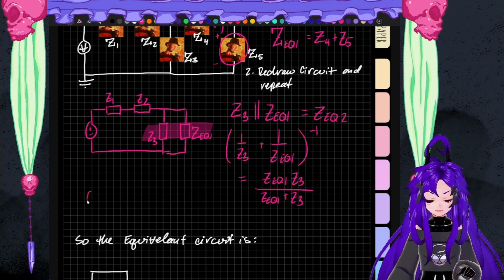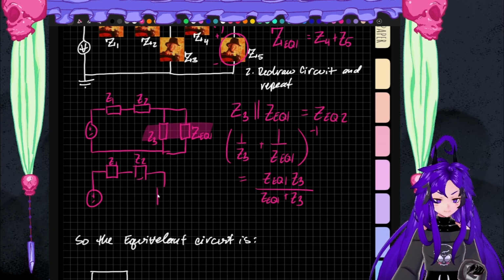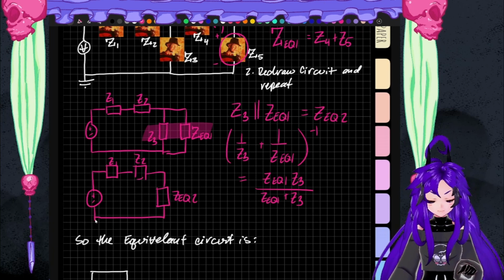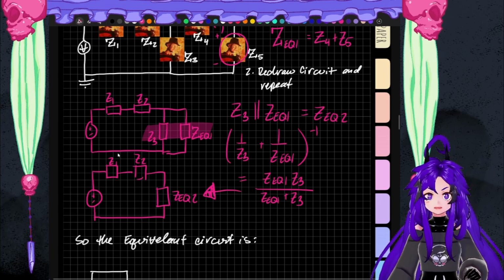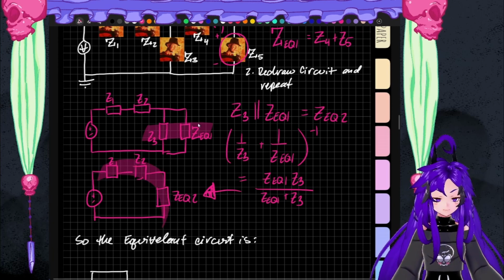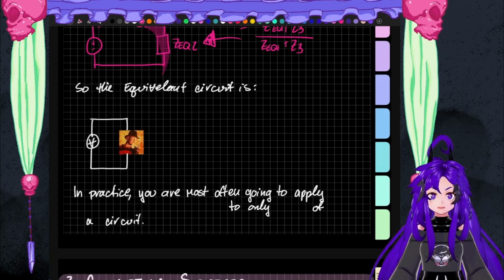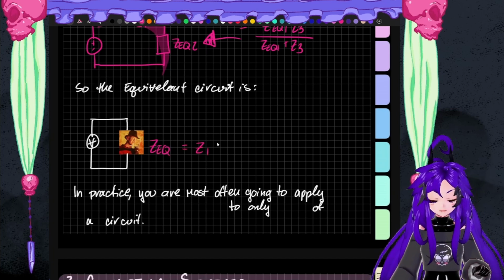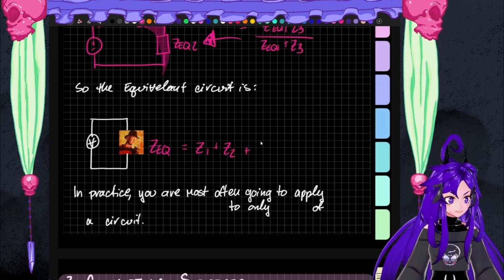Next step, right? We can redraw that again. So, source, Z1, Z2, and ZEQ2, right? Because that is going to be this. Well, now we're back to having only serial killers. So our equivalent circuit is going to be this, where the equivalent killer is going to be Z1 plus Z2 plus the whole mess from up here, right?